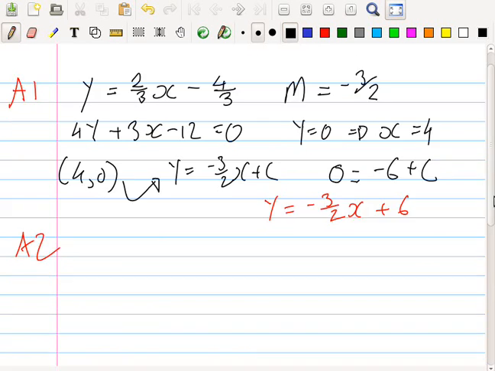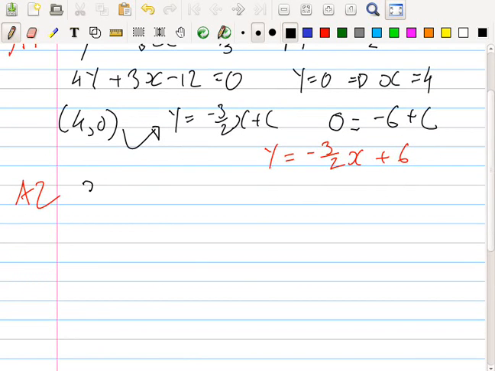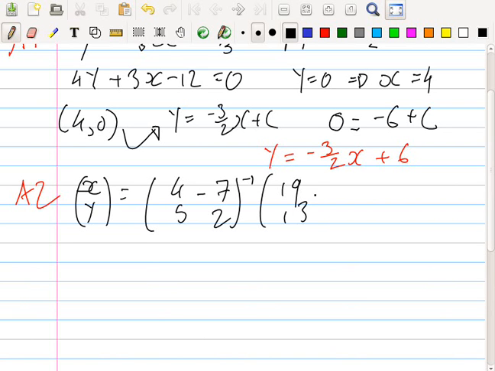Okay, A2, matrix question. xy equals the inverse of 4, minus 7, 5, 2, times 19, 13, which is 1 over 8 plus 35, 43. Yes. 2, 4, 7, minus 5, correct?